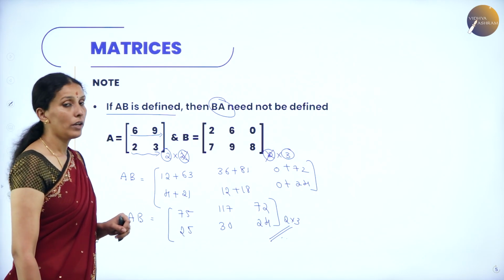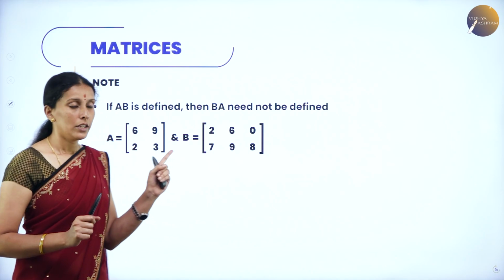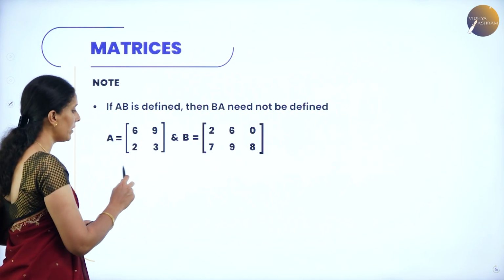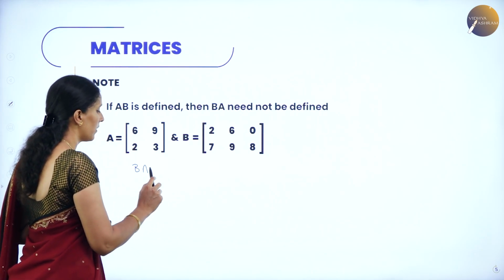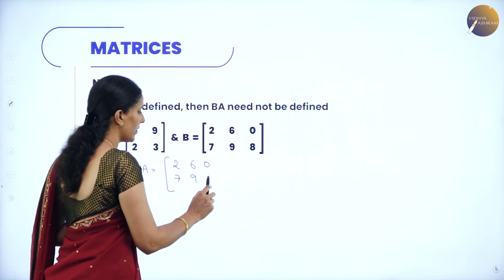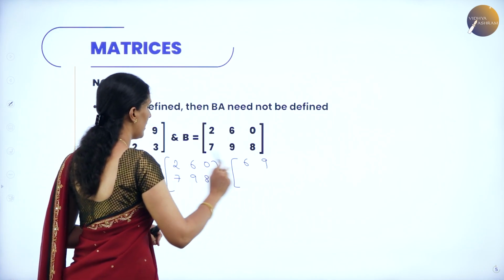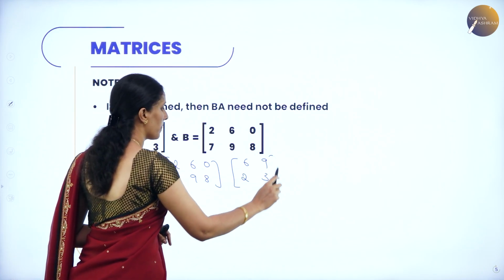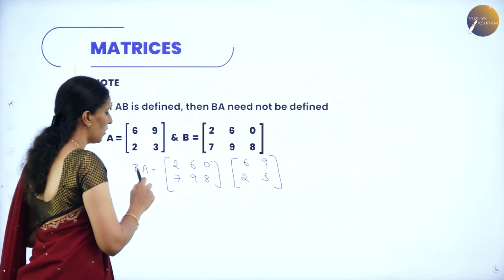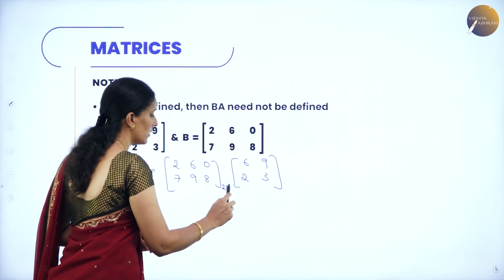Now let's see about BA. So now you have seen that AB can be defined. Now let's see how BA can be defined. BA means B, that is 2 6 0 7 9 8, and A is here 6 9 2 3. So here, what is the order of B? The order of B is 2 rows, 3 columns.